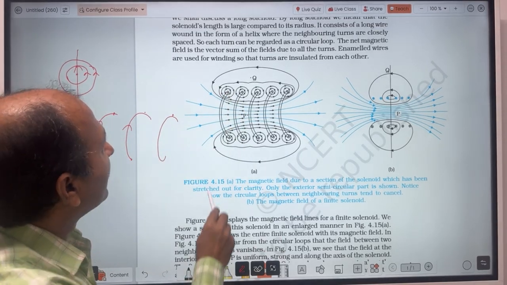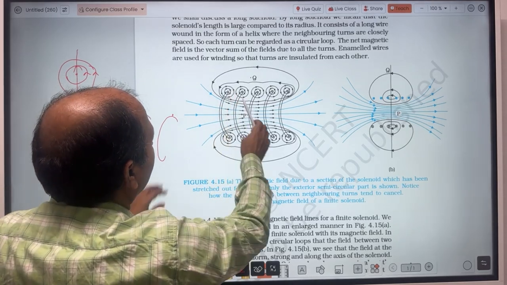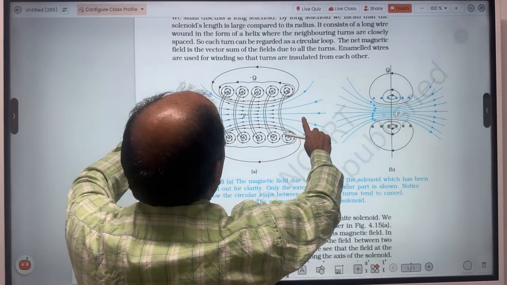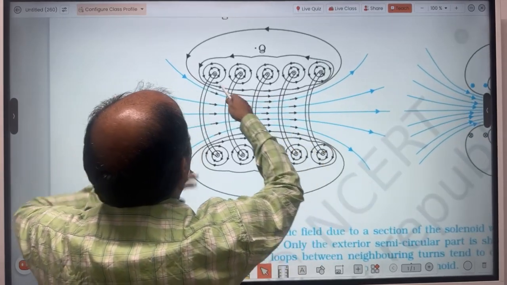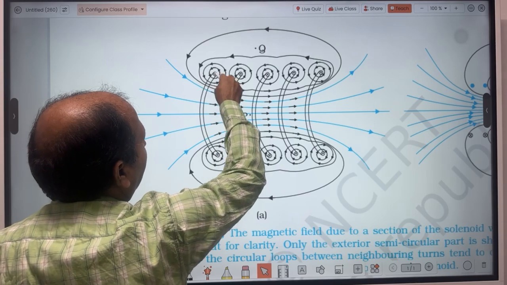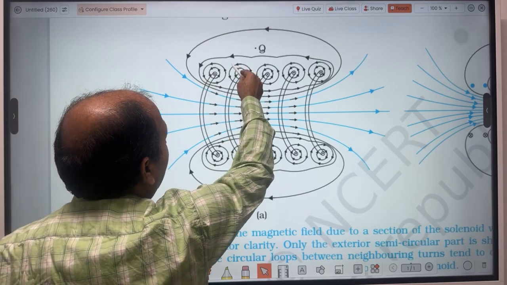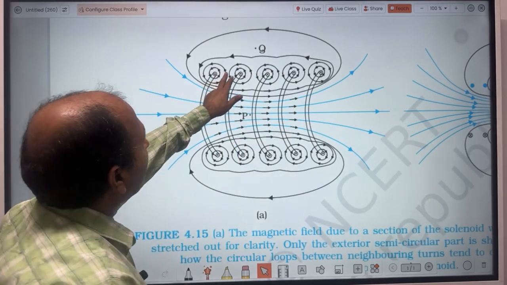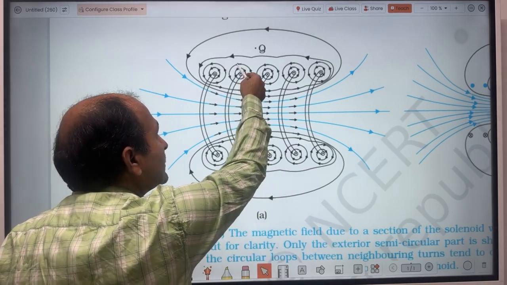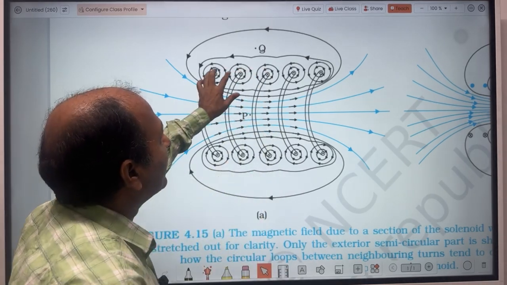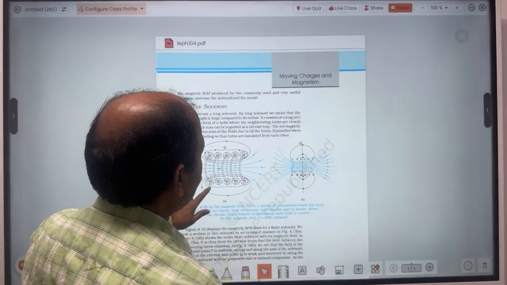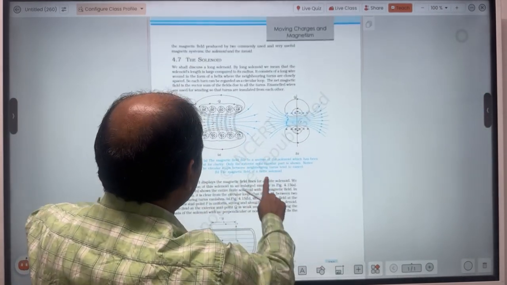One more thing you will notice here, if you enlarge it, the direction of the field line is like this here, but due to this the field line is like this. So what is happening? The effect is being cancelled. This is going in this direction, this is going in this direction, so the net effect inside will get cancelled. That thing you have to understand.